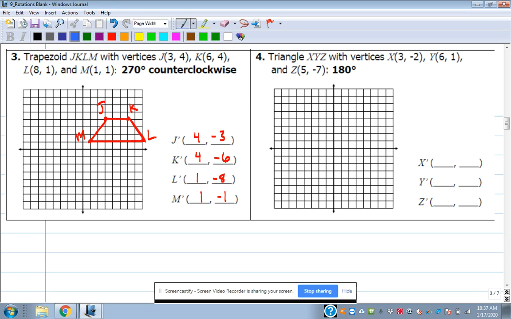So let's plot those points. So 4, -3, J prime, 4, -6, K prime, 1, -8, L prime, and then 1, -1, M prime.